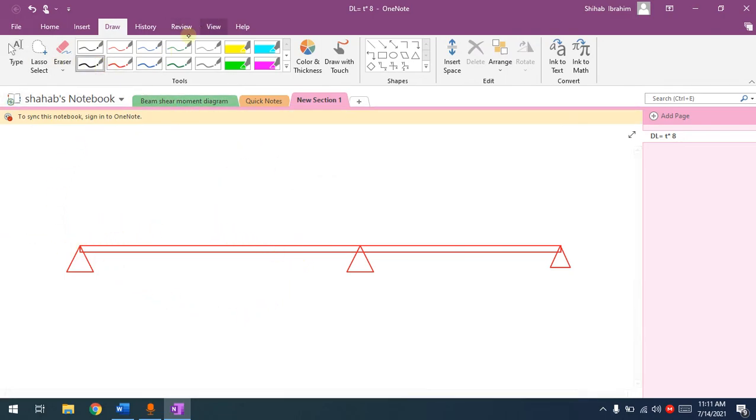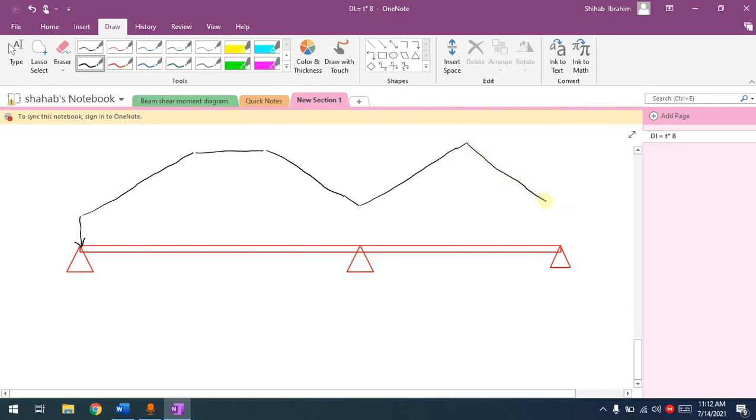Now I'm going to draw it in a way that there is the load, we have it here, it goes in this manner, and then 1 meter goes, then it comes back somewhere here, same level, then goes up, and then comes down, same level that we have there.